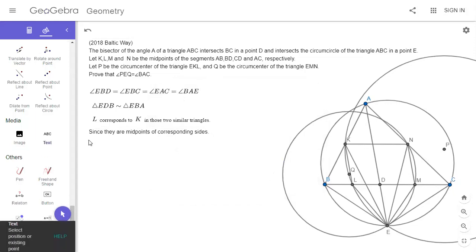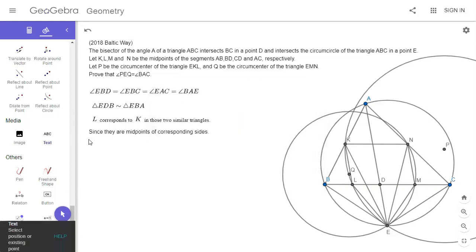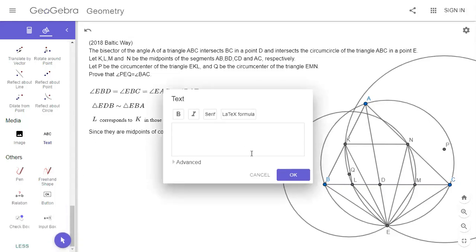And so that means angle BEL is equal to angle AEK. I didn't even prove this, but I'll just write this quickly.